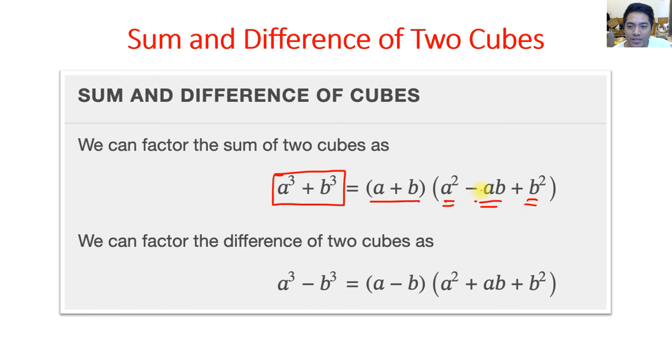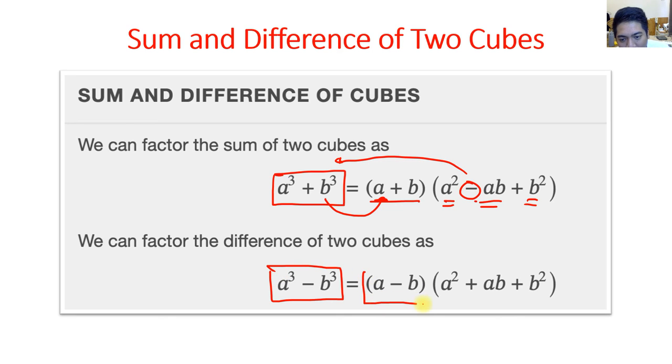Notice that we have a minus in the trinomial if we have a plus in the binomial factor. For the difference of two cubes, your first factor would be a minus b, but all of the terms in the trinomial would be positive. That is very easy to memorize.